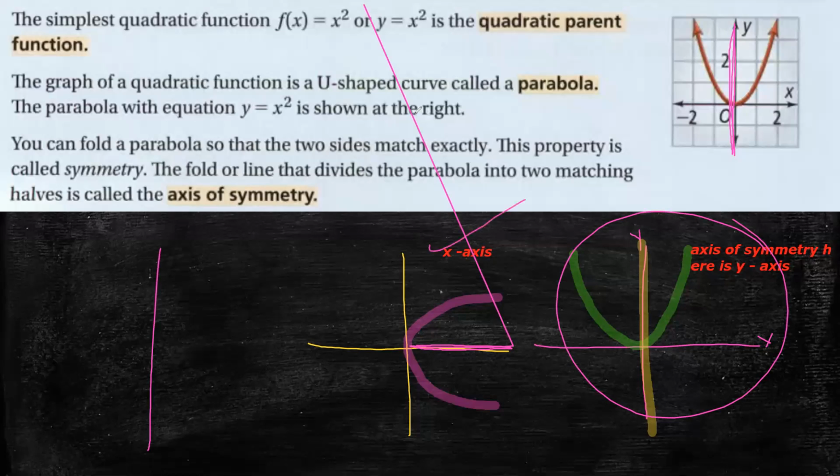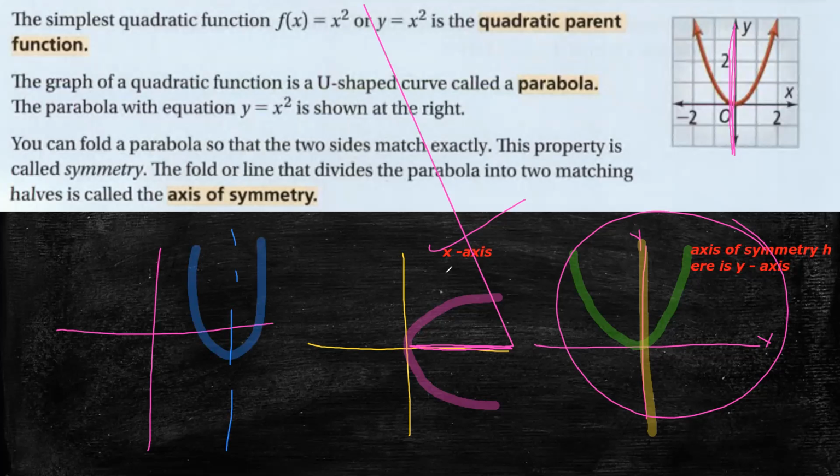But I want to tell you this as extra information. If you have this line as an example, and this is the parabola drawn here, it will not be an axis of symmetry. The line that cuts it, I will name a line of symmetry. So if the line of symmetry is on the x-axis or the y-axis, I will say it is an axis of symmetry.